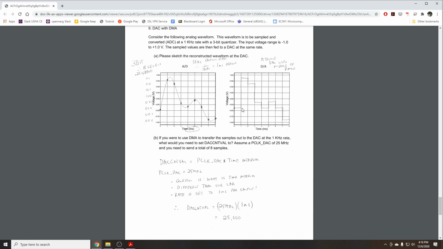It's going to output at that exact middle voltage for milliseconds 0 to 1. Then for the next point, it's going to output the middle of that voltage range. So we're basically just changing this into a step function based on what interval it was in during that period of time. That's really all that's happening here, because the DAC is taking a digital value and turning it into a voltage.